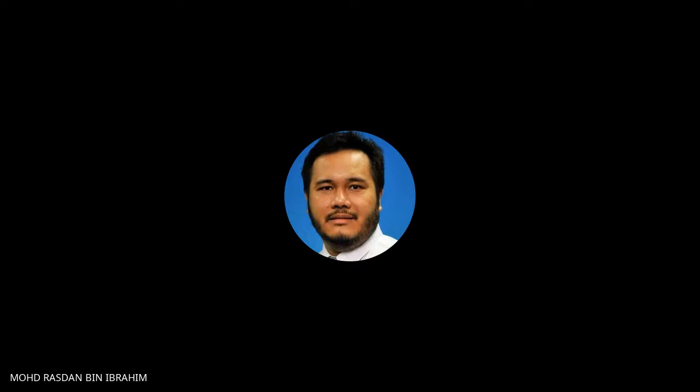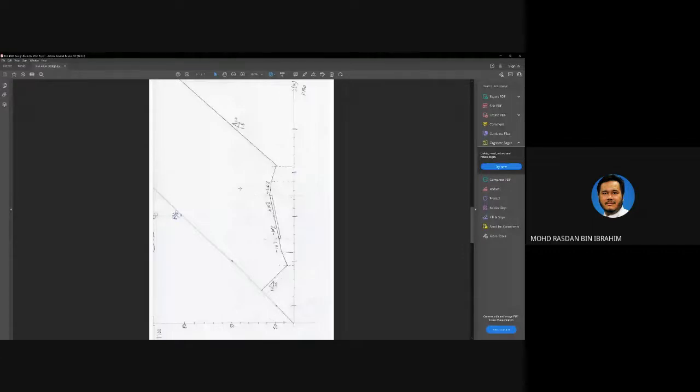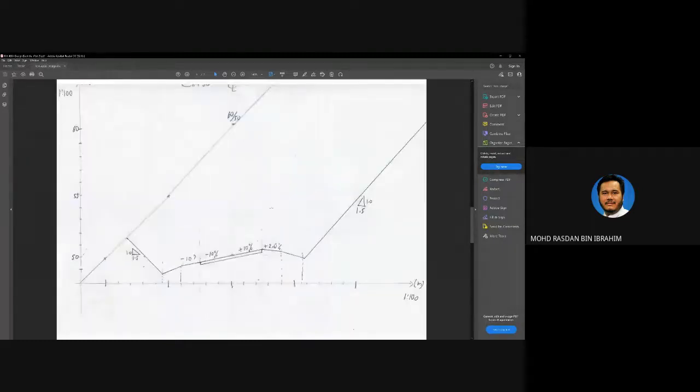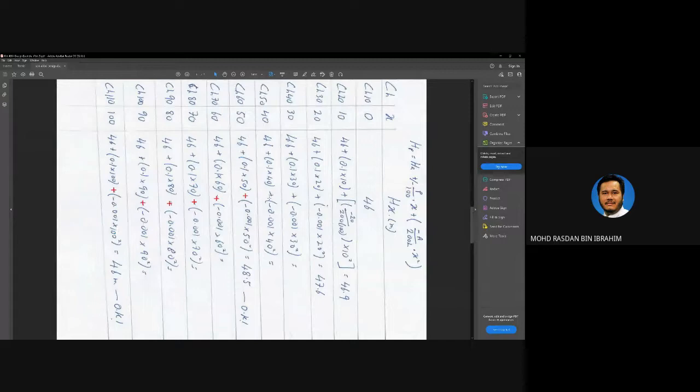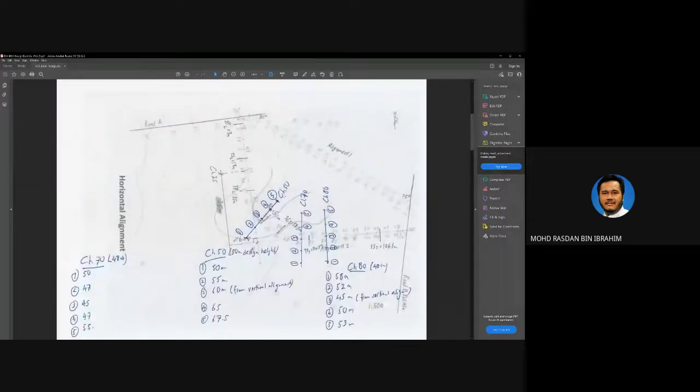Okay, in your project design, there is a mistake in one of the cross-section examples. Okay, in chainage 50 here, I have written 0.12345 and this is the elevation for these points: 50, 55, 60, 70, 65 and 67.5.